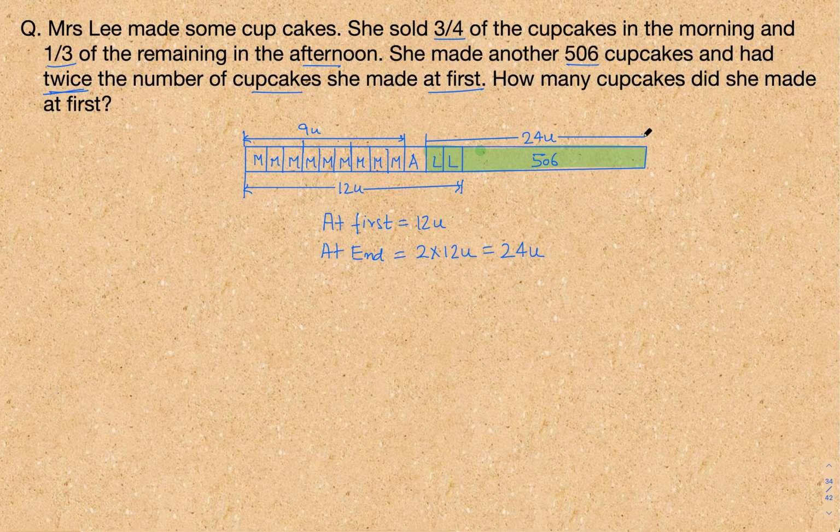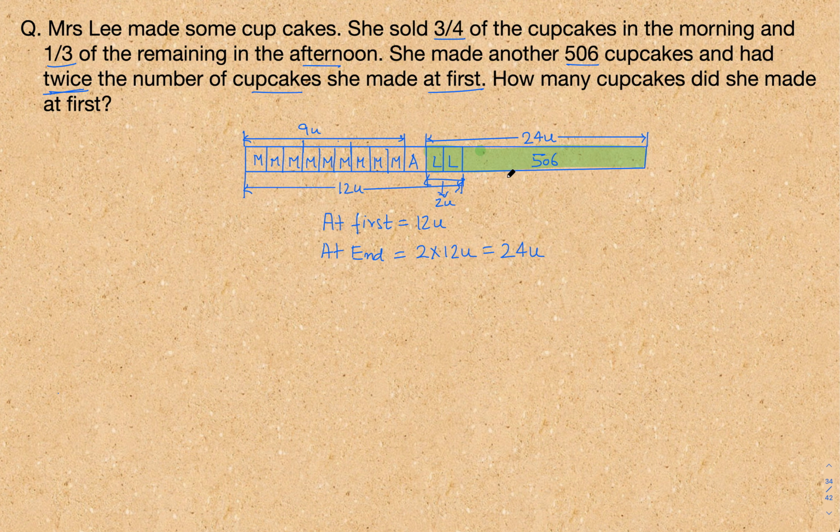This newly made 506 and 2 units from the previous lot will make 24 units. So how many are the leftover cupcakes? These are 2 units. So from here it's clear that this whole thing is 24 and 2 units are from the previous lot.